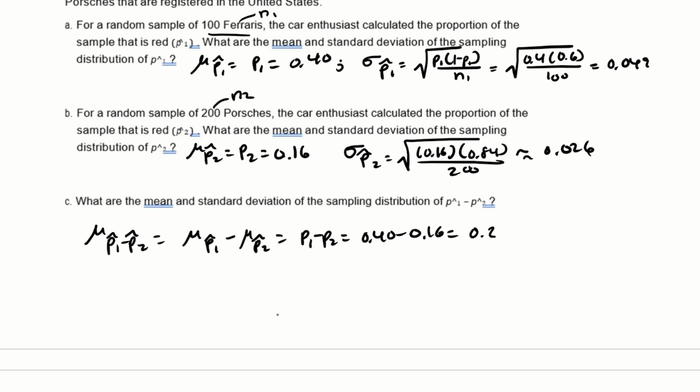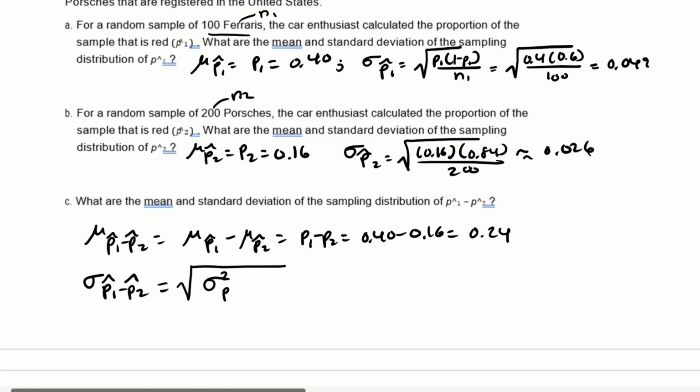Okay, now the standard deviation. If you remember your rules for how this works, the standard deviation is the square root of the sum of the individual variances.